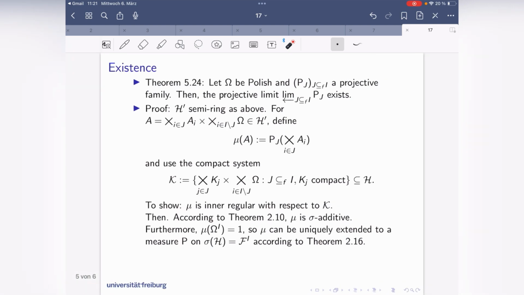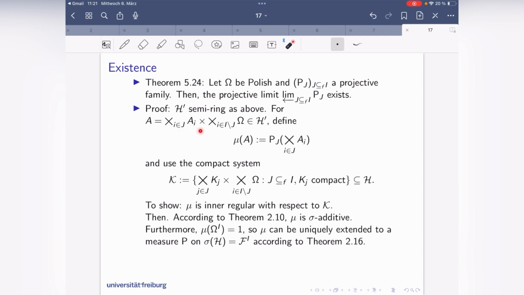The interesting bit is whether they exist. And that's Kolmogorov's result. And I walk you briefly through the proof here. So H prime as above, and that's a semi-ring. We had that in the last video, I think.